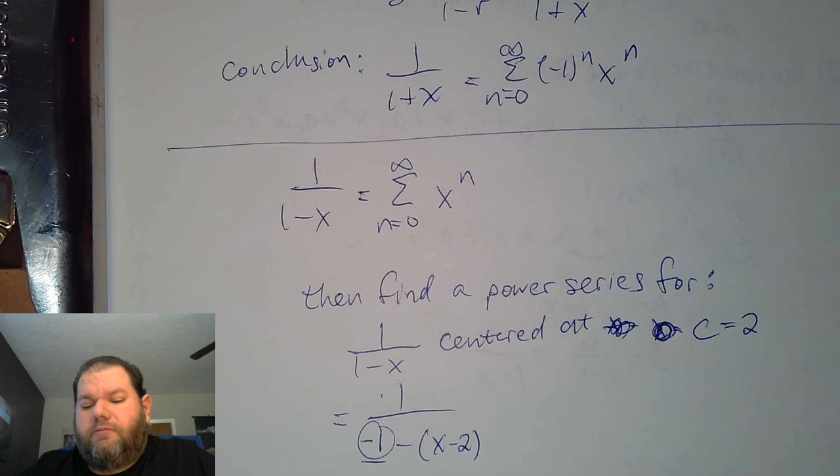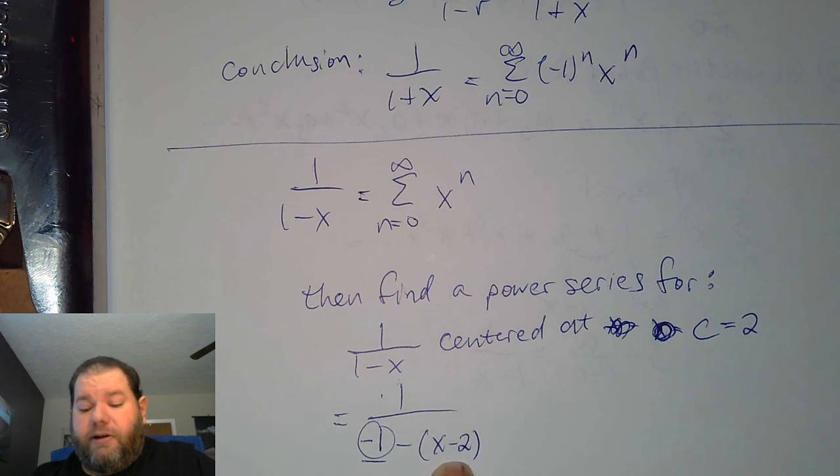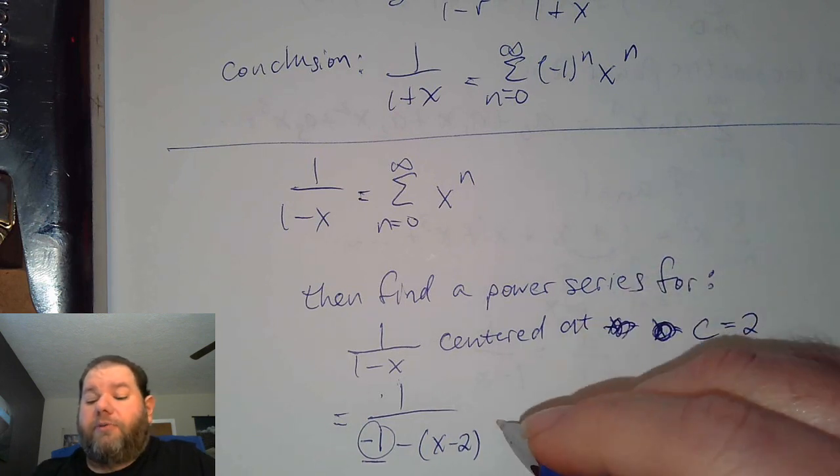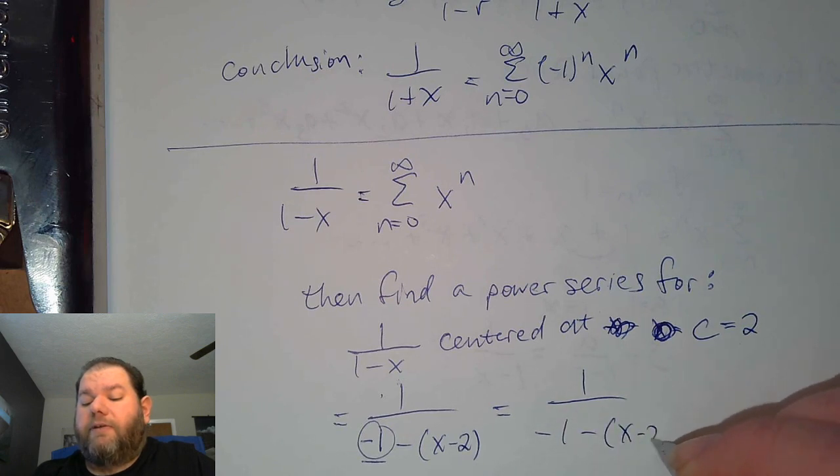It's much easier to work with a center of 0, so when we have a center of something non-zero, we have to make sure it fits this pattern, where we have x minus 2 here instead of just x. And so now we have to figure out how to deal with negative 1 minus x minus 2.